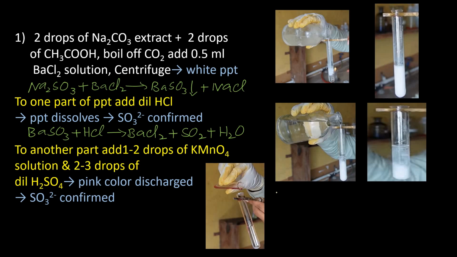Here I am taking sodium sulfite, sulfite plus potassium permanganate plus sulfuric acid. It is a redox reaction. Sulfite means salt of sulfurous acid, which is a reducing agent. It will reduce this manganese, here it is in the +7 state, to manganese +2.